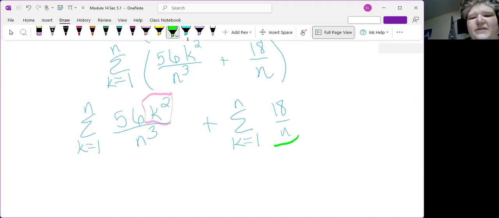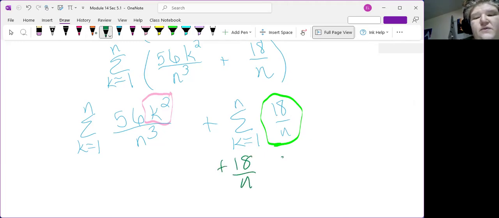So it turns out over here on the right, this 18 over n, there's no k there. So when we say do the sum of this thing from 1 to n, I'm going to do 18 over n first, plus another 18 over n, plus another, and I stop when I reach n copies of it. So if I am adding 18 over n that whole times, this one we can write as 18 over n times 1.